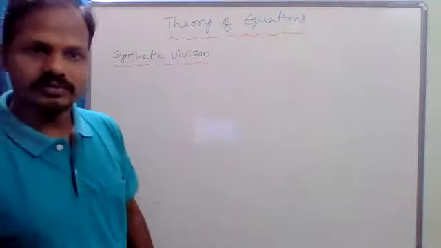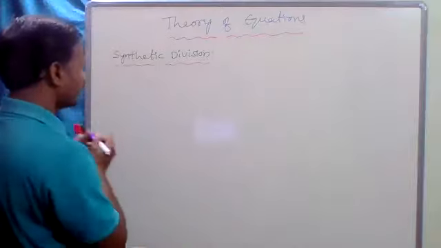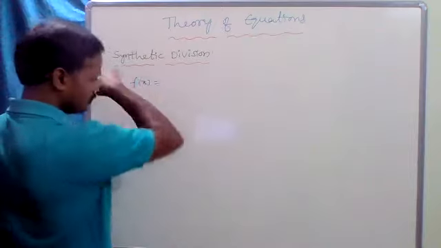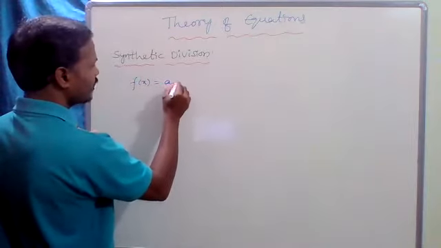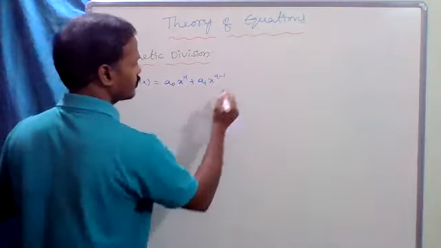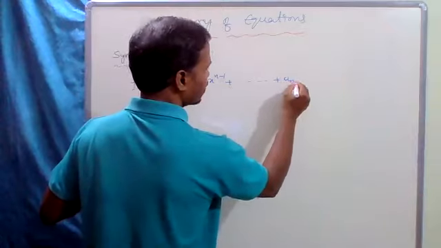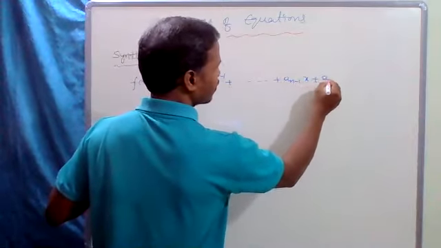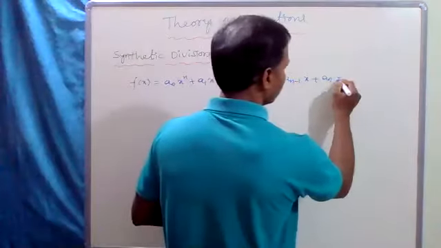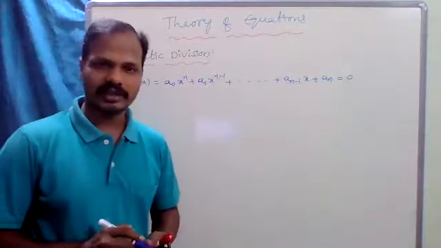Now suppose a polynomial f of x is given of degree n: f of x equals a naught x power n plus a1 x power n minus 1 plus and so on, a n minus 1 x plus a n. This is a polynomial equation of degree n.